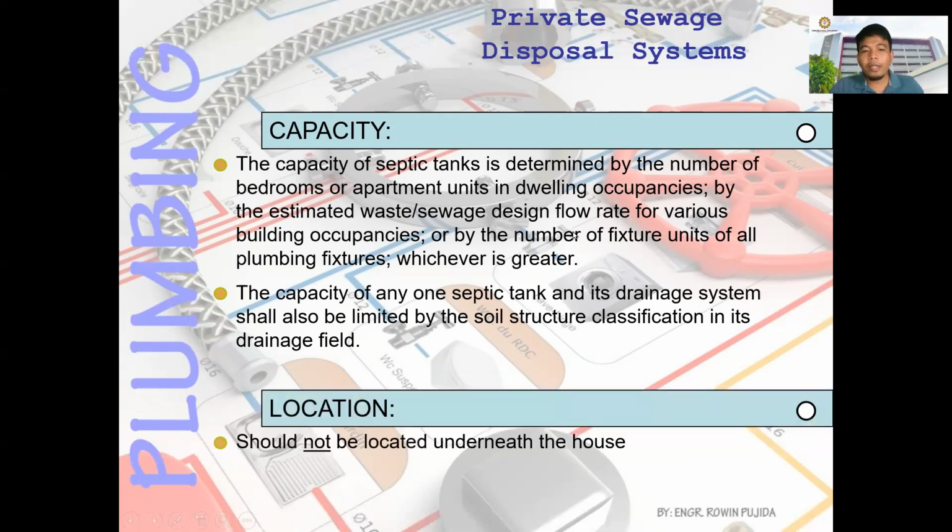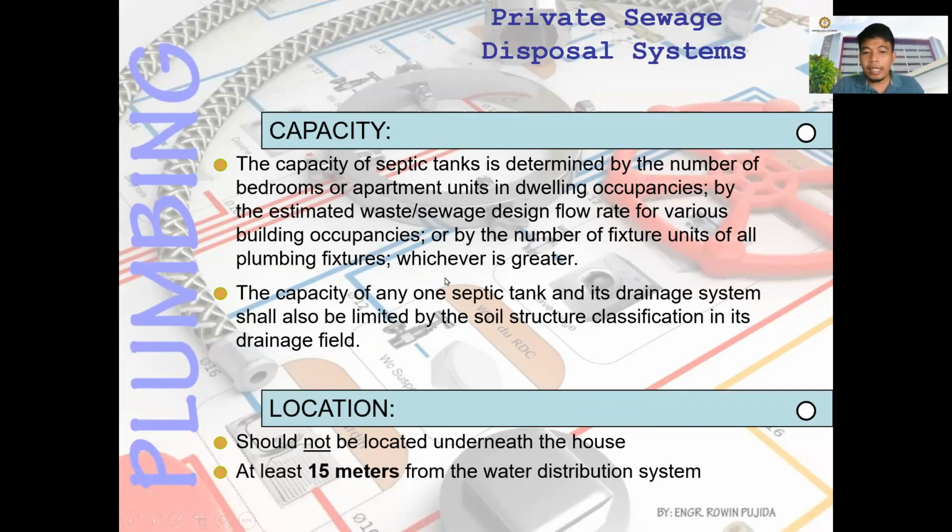Next, for the location, it should not be located underneath the house. So it should be located outside the building. Maybe you can have this at your garage, or maybe at your carport. So you can have your septic tank there, but it should not be located inside the building or underneath your building.